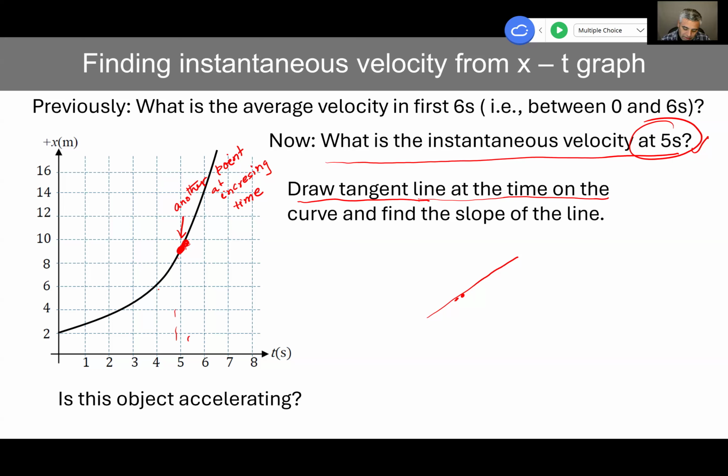So how does it look if you draw it correctly? If you use a scale, it's going to be easier, I think.